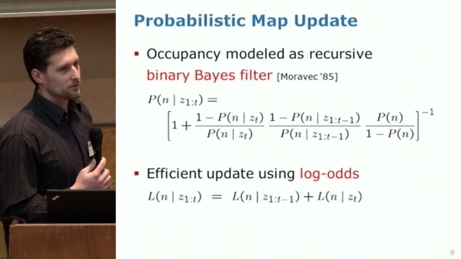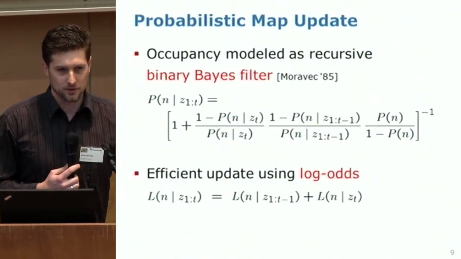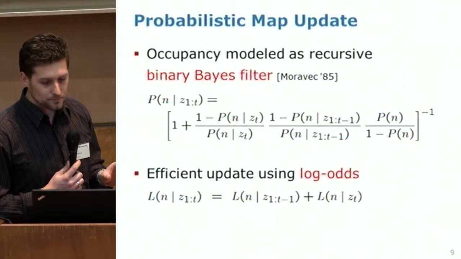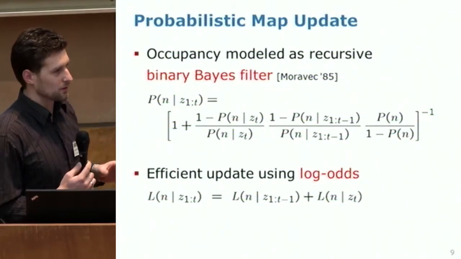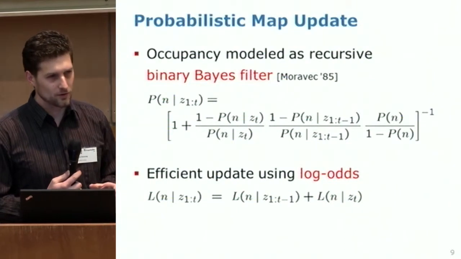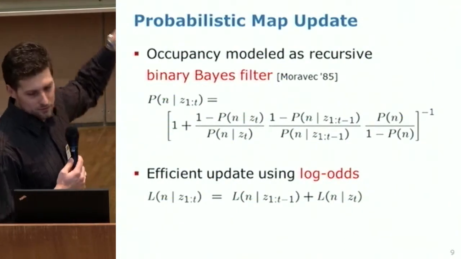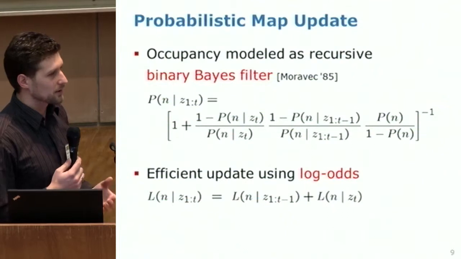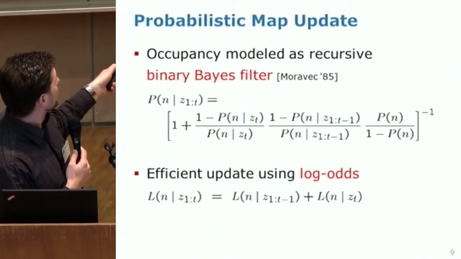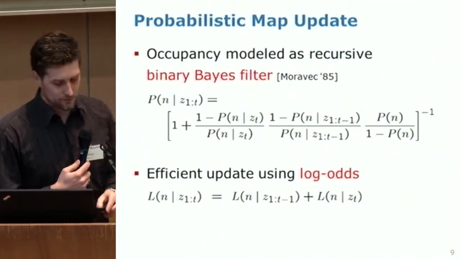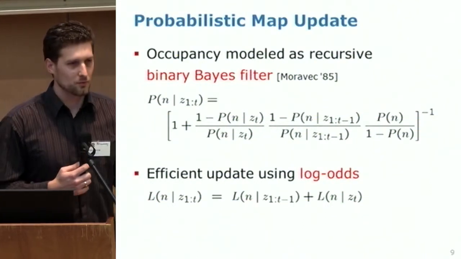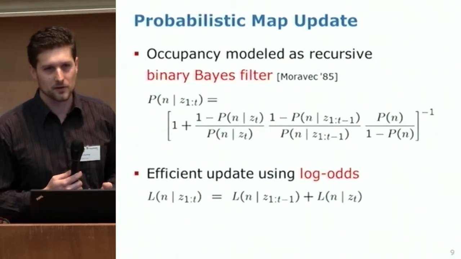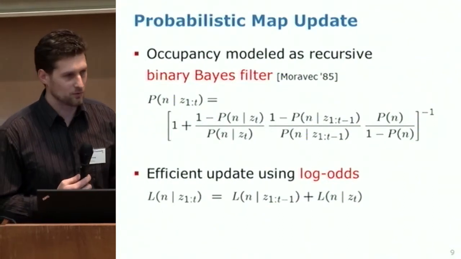It's a static state Bayes filter, so it assumes that the environment doesn't really change. If we now switch to using log odds instead of probabilities, we can get rid of all of this, and our measurement update converts to a simple addition of the new values to the old values. And this, for one, is more efficient to perform, and the other thing is that it's numerically more stable if you have small probabilities.